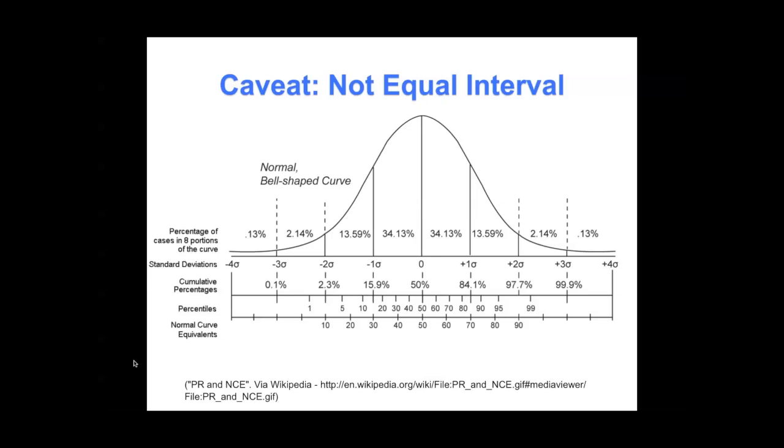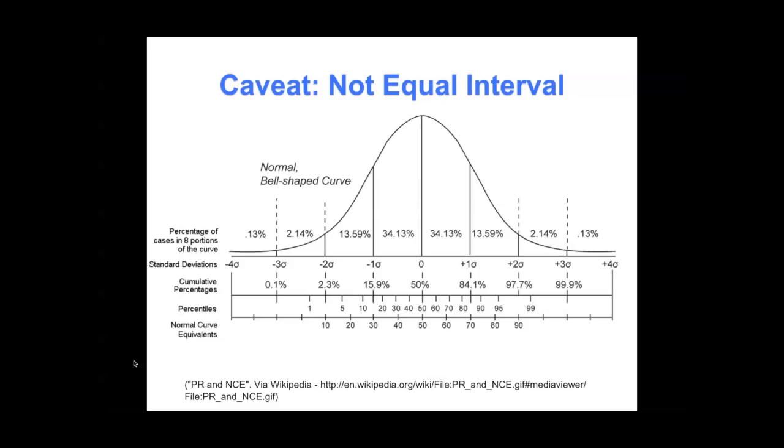In other words, it's a lot easier to show change in the middle than in the extremes, where oftentimes we have to gain considerable ground to move a student from the 5th to the 10th percentile rank, a 5 percentile rank gain, which is far more work than going from the 50th to the 55th percentile rank, where it wouldn't take much in score values to see that change.